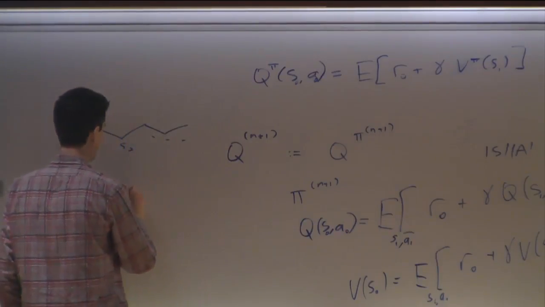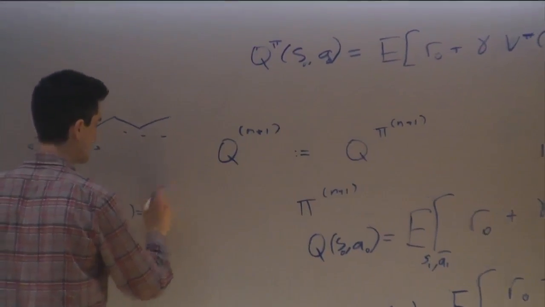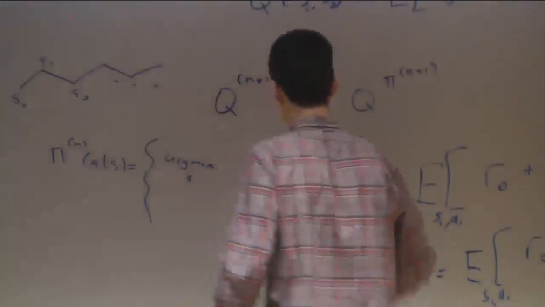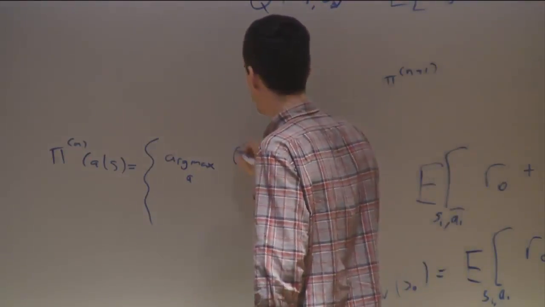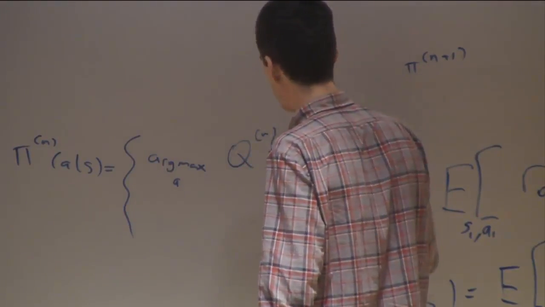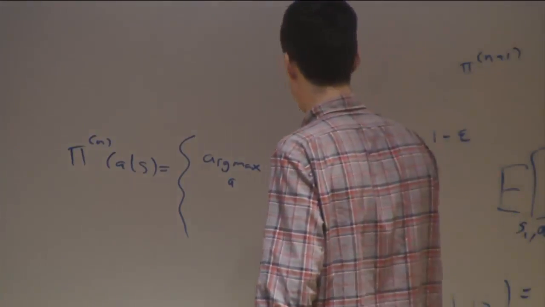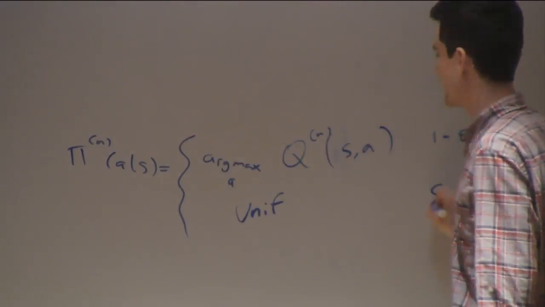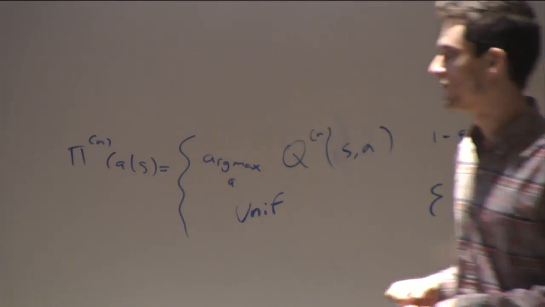So you could say pi n of a given s equals argmax of Qn with probability 1 minus epsilon, and we're going to define it as some uniform random action with probability epsilon. So that's an epsilon greedy policy.